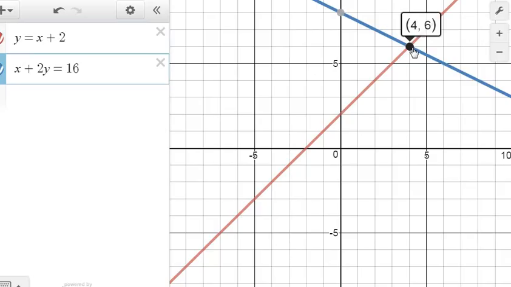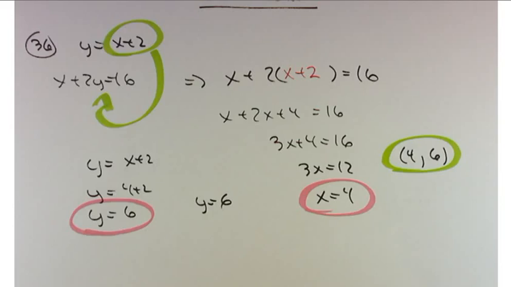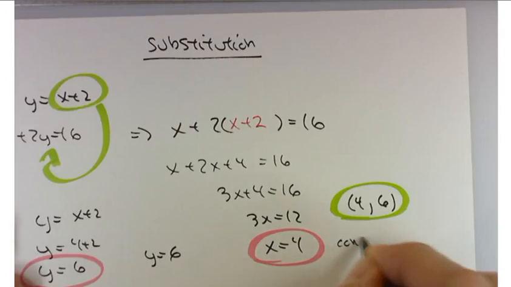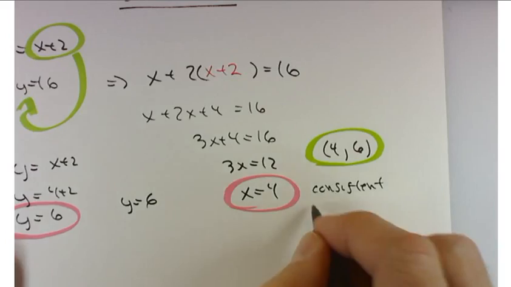Is this system of equations consistent or inconsistent? Consistent. Dependent or independent? Consistent and independent. The lines are different, so it's consistent, independent.